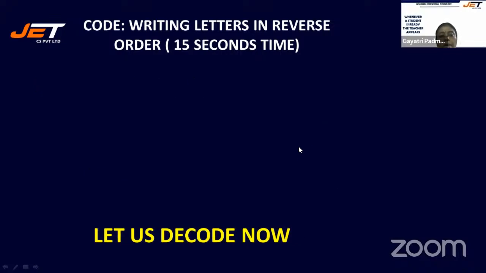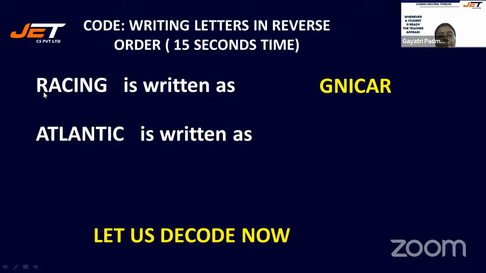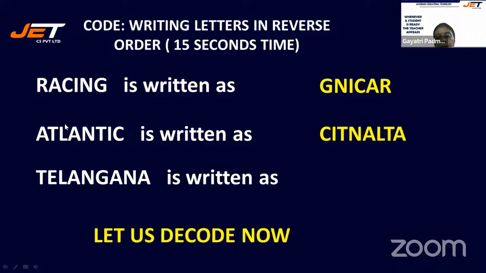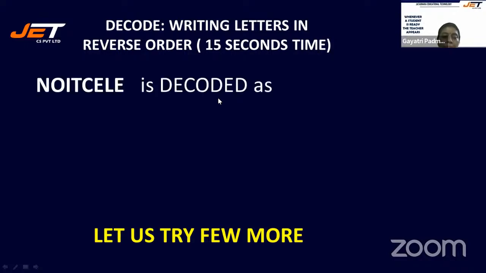Yes. Now let us decode it. We have racing. Racing is written as GNICAR. Right. So Atlantic is written as CITNALTA. All right. Telangana is written as ANAGNALET. All right. Now, writing letters in the reverse order. NOITCELE.